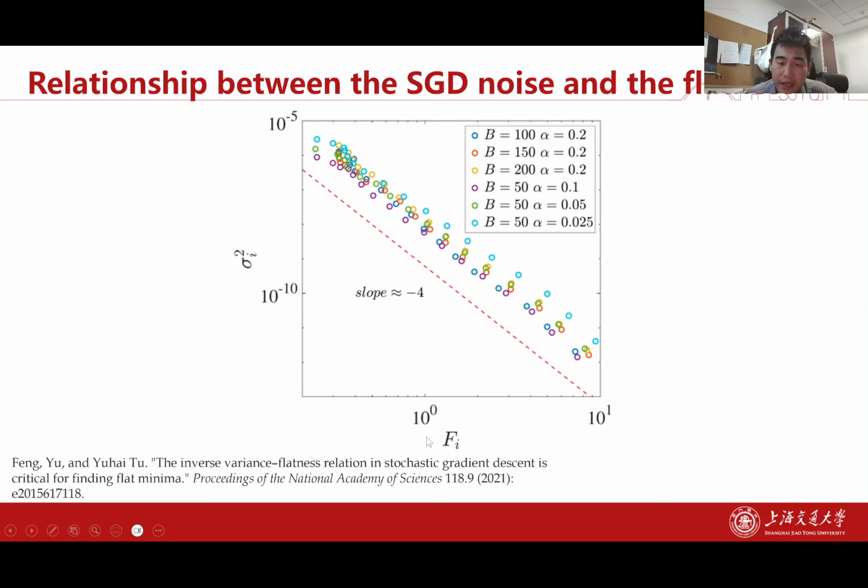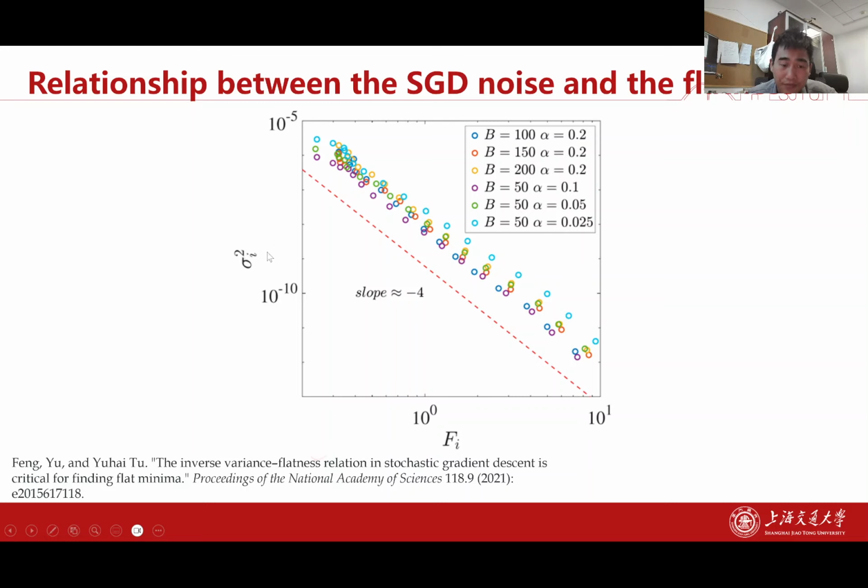They found that in the loss landscape, if in a direction it's more sharp, then the noise will be larger and the fluctuation will be larger.